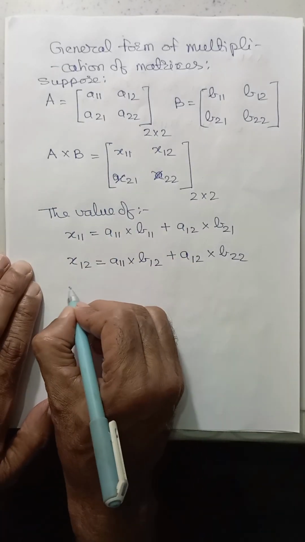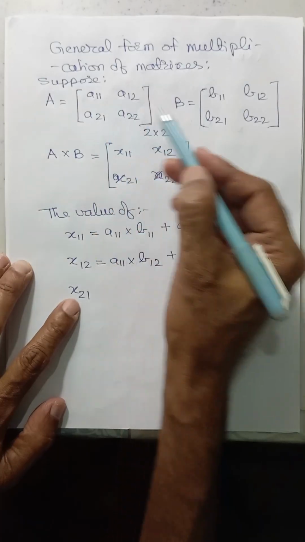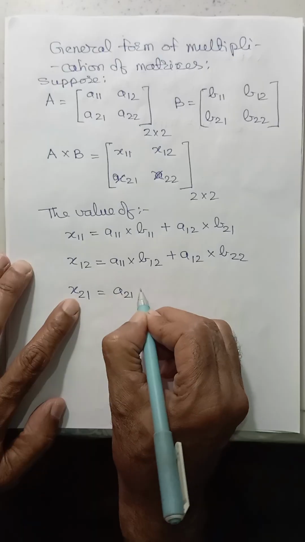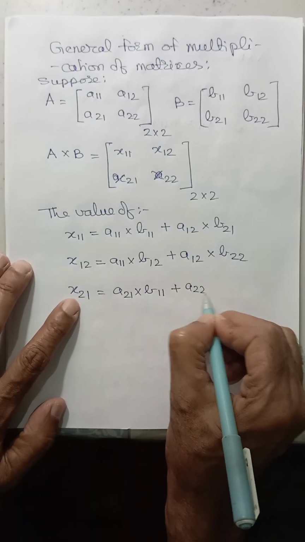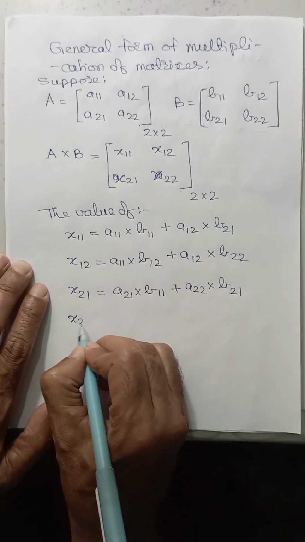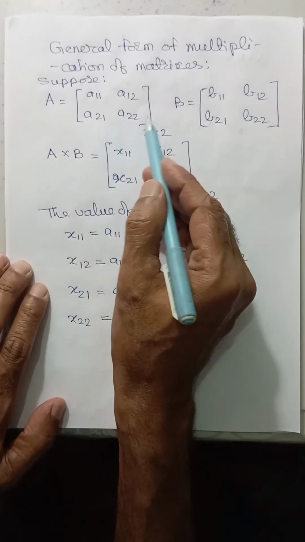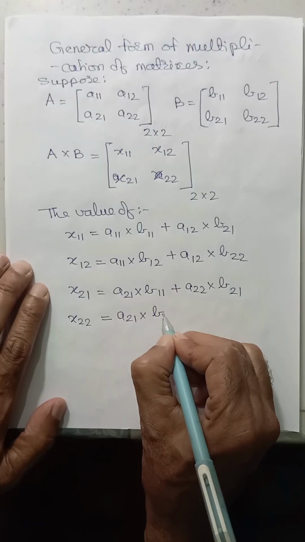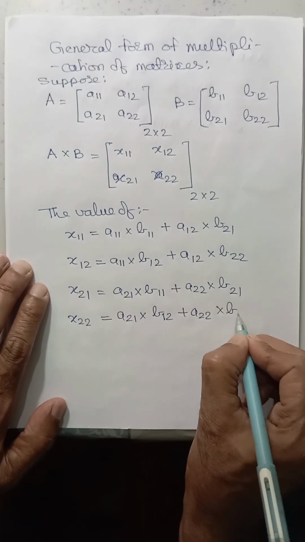Now x21 will be second row and first column, so this will be a21 into b11 plus a22 into b21. And last, x22 will be second row and second column: a21 into b12 plus a22 into b22.